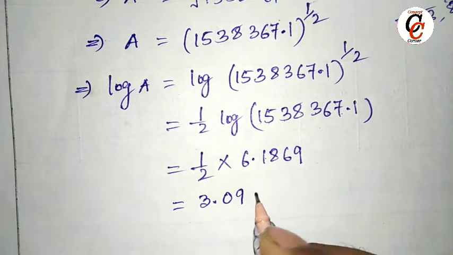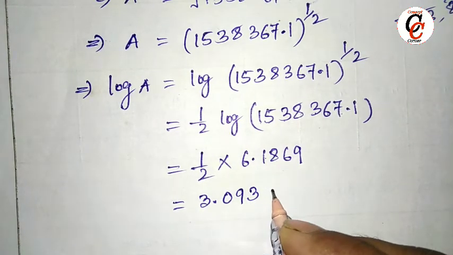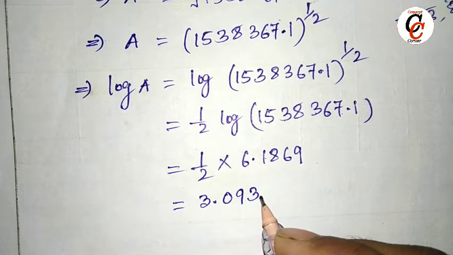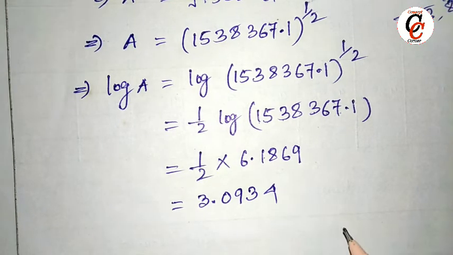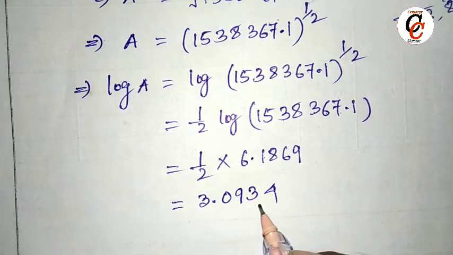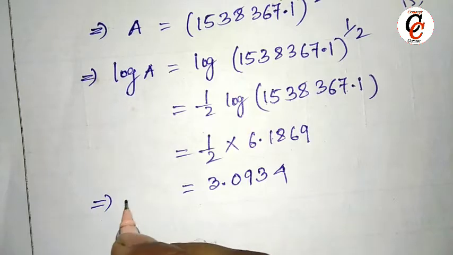And you have to see the logarithmic table, 15 number row, 3 number column, and then 8 number column. So the corresponding value will be 6.1869. So we have to divide it by 2.